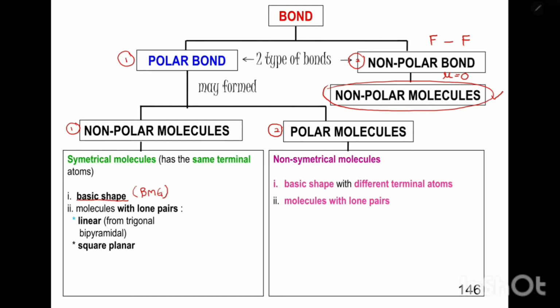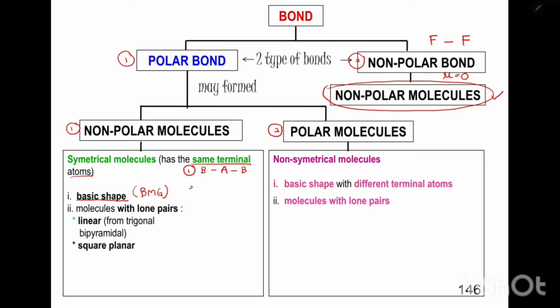All 5 basic molecular geometries with the same terminal atoms are classified as symmetrical molecules. So what is the first basic molecular geometry? We have linear. Let's say we have central atom and terminal atom here. I use A as central atom and B for terminal atom.